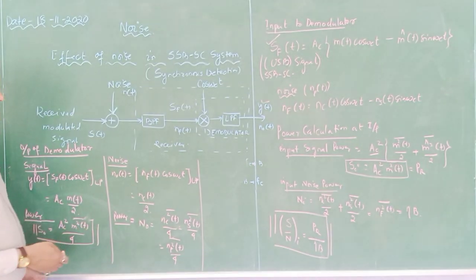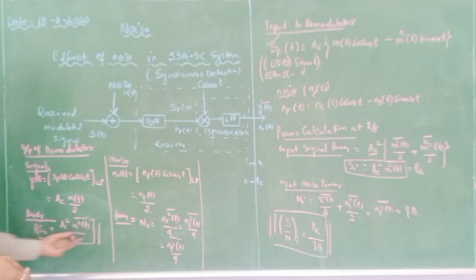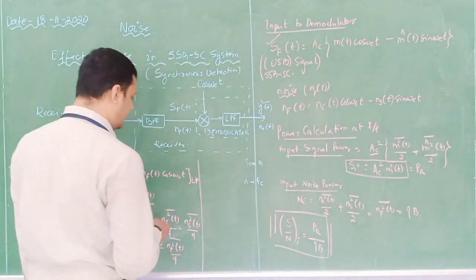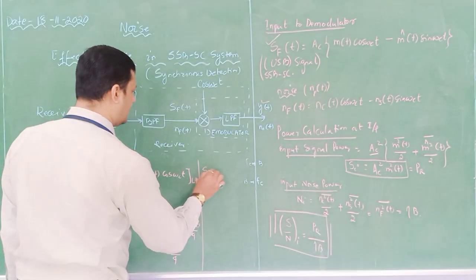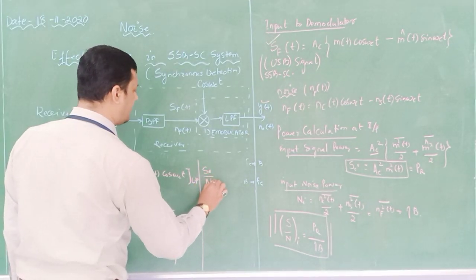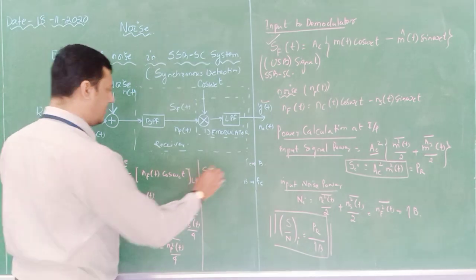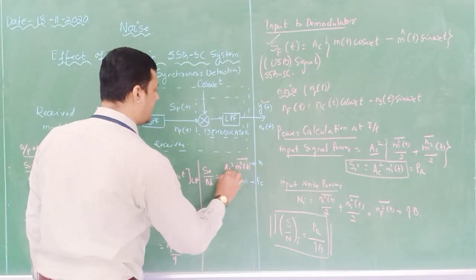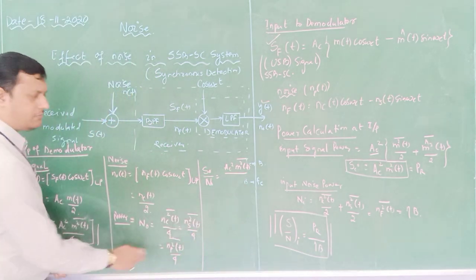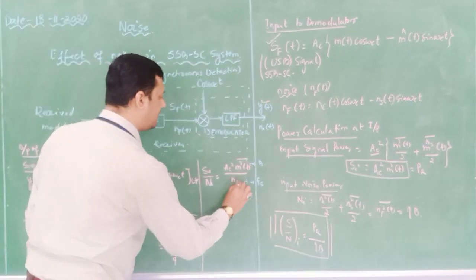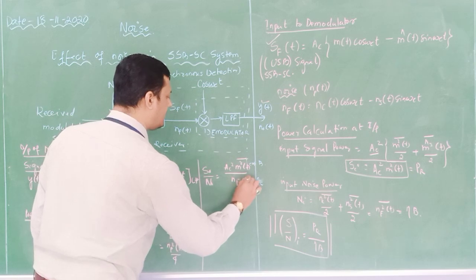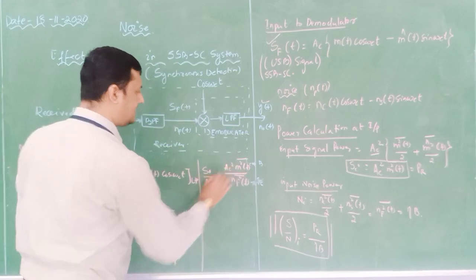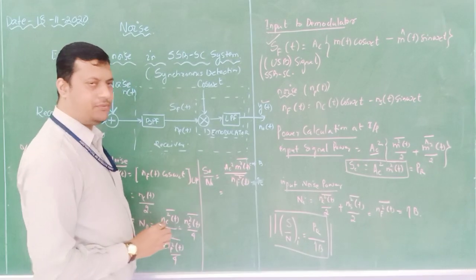Now what I will do, I need to divide the signal power and noise power. So S naught divided by N naught. S naught is AC square m square of t whole bar. This 4 and this 4 will be cancelled out, divided by Nf square whole bar. Now what is this? This is nothing but your input SNR.